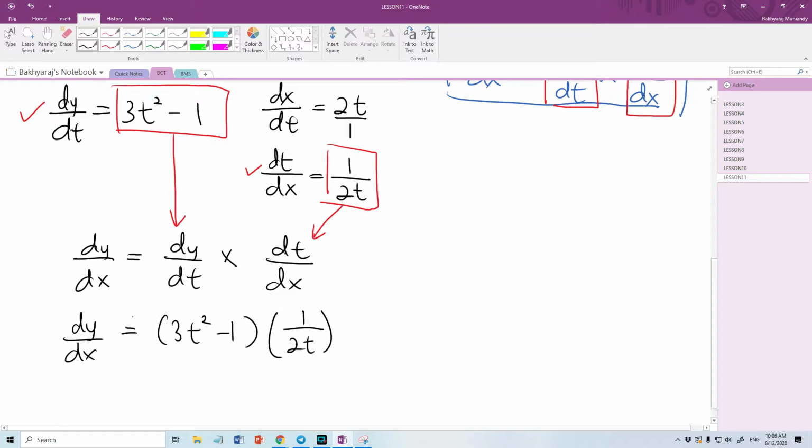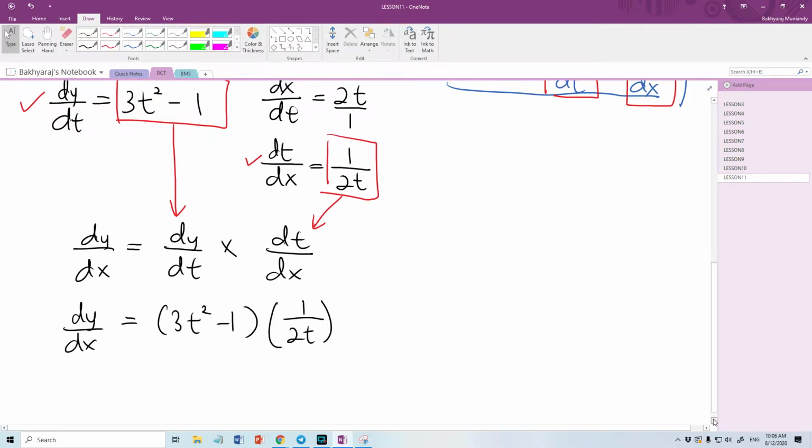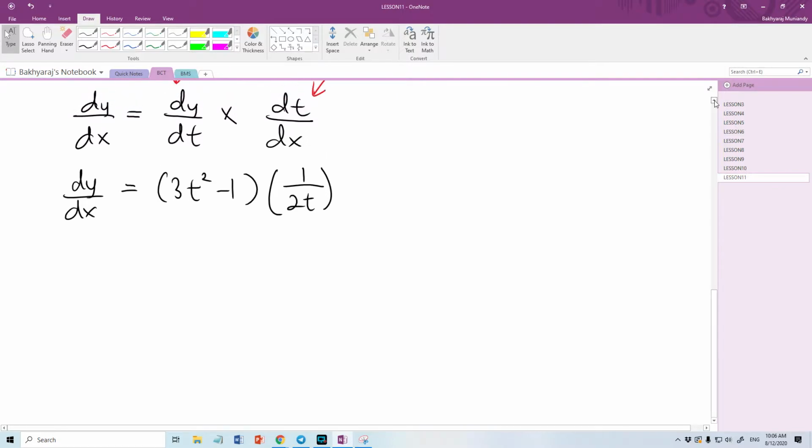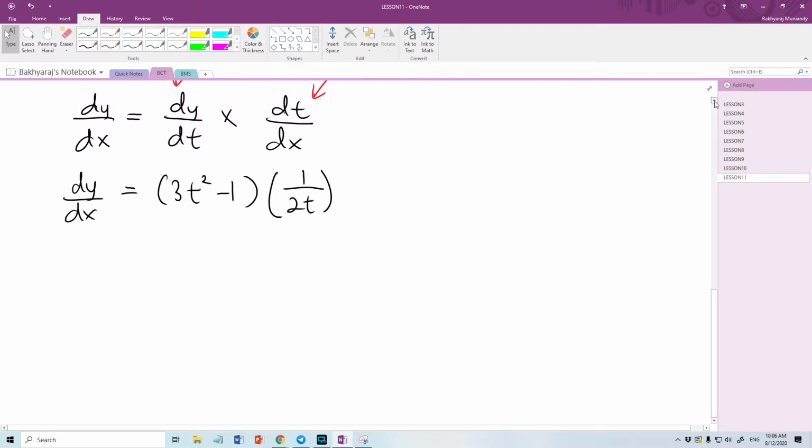Now I need to simplify, because we want to go for the second order. We try to expand. When you expand, you get 3t square over 2t minus 1 over 2t.